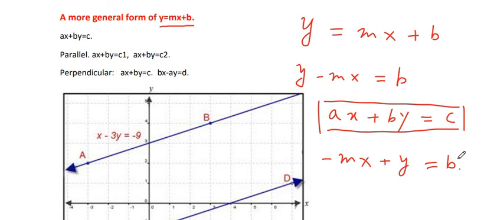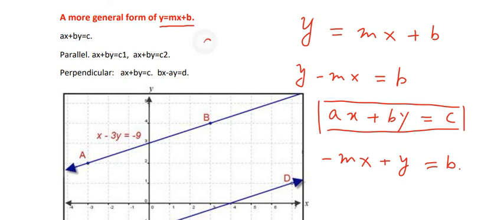If we use the general form, then two lines are parallel if the coefficients a and b are the same: ax plus by equals c1 and ax plus by equals c2. Those two lines are parallel. Perpendicular is just changing ab to ba, but we should put a negative somewhere. Ax plus by equals c, and bx minus ay equals d are perpendicular.